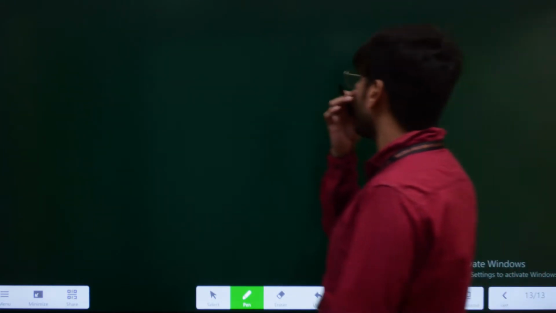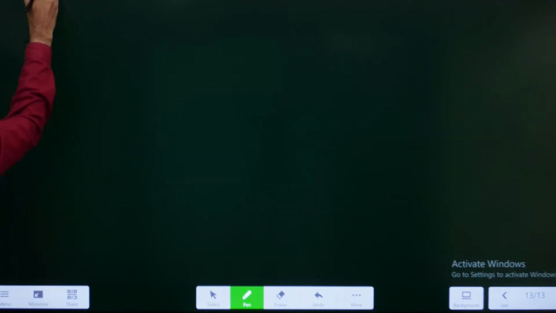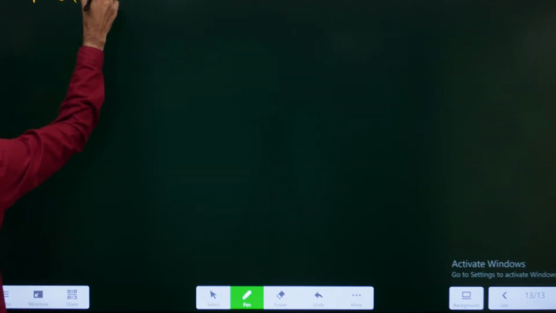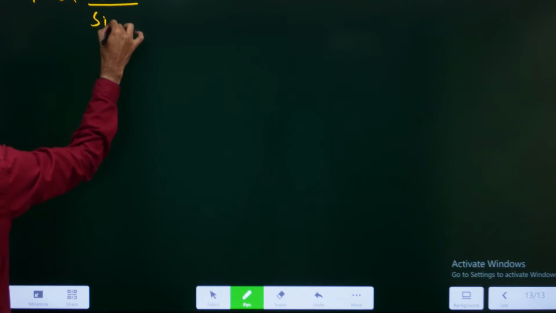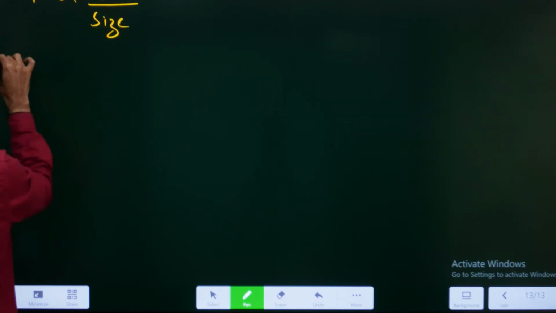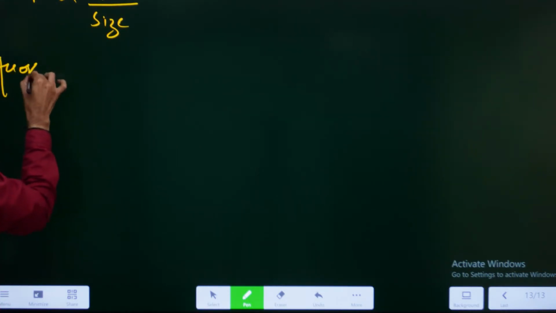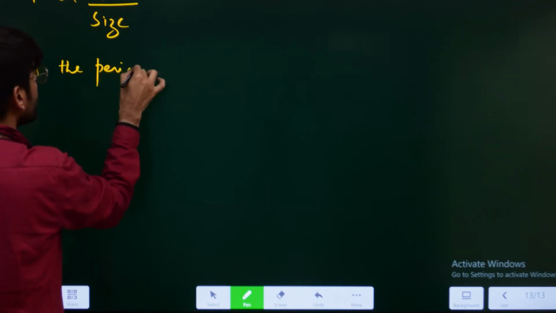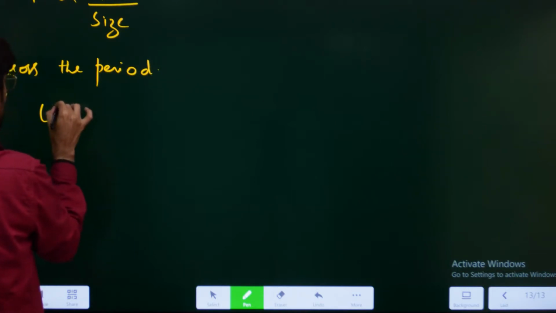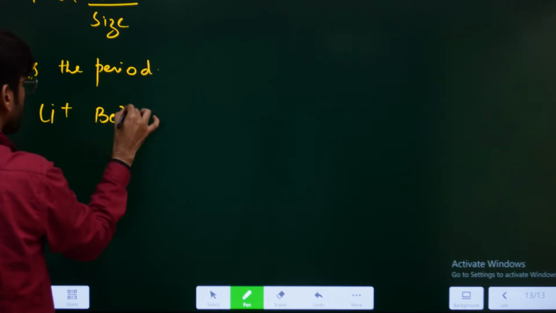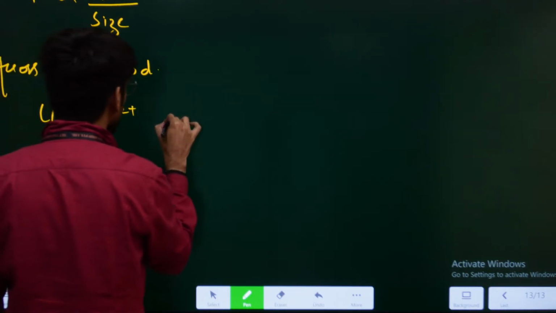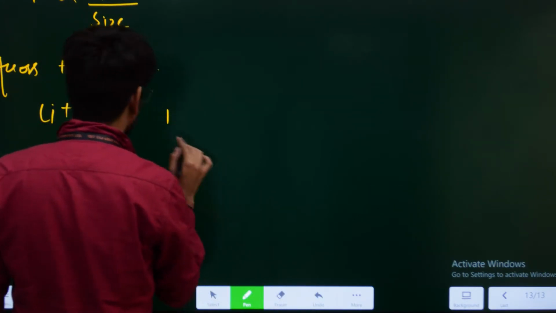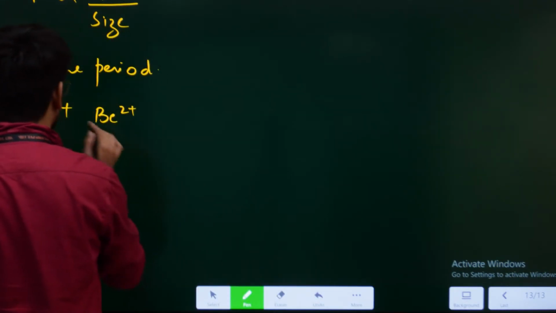But I want to tell you one thing. We wrote that polarizing power is inversely proportional to size. Down the group is very much clear, but if I move across a period, for example in the second period, I have lithium plus, beryllium 2 plus, then we have... I want to tell you one thing.